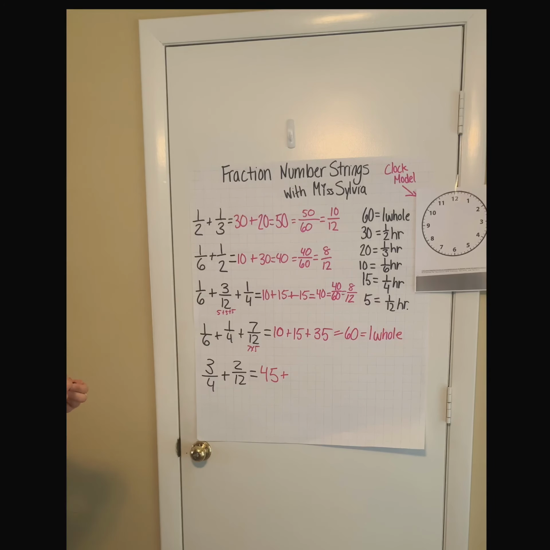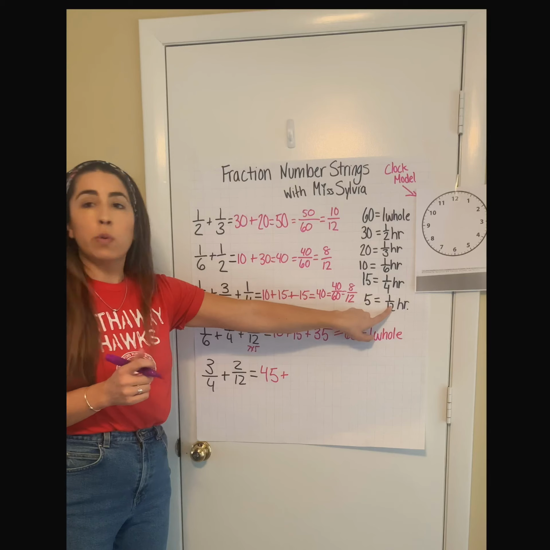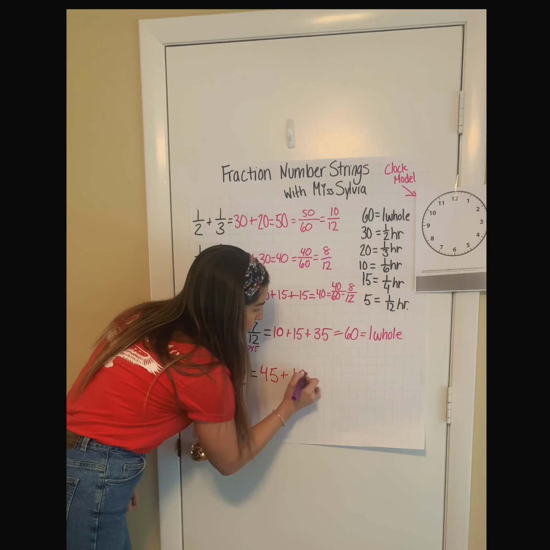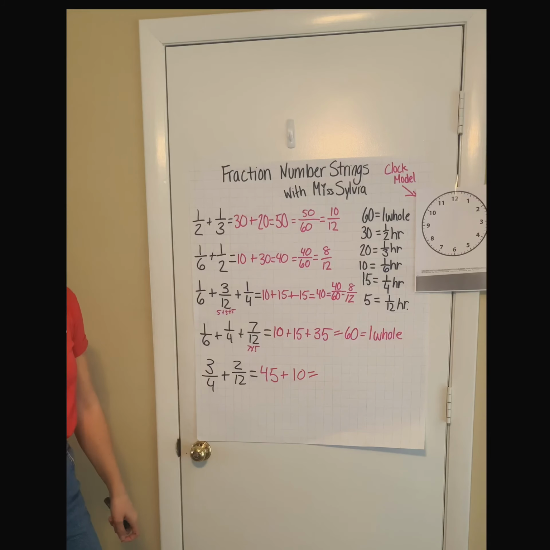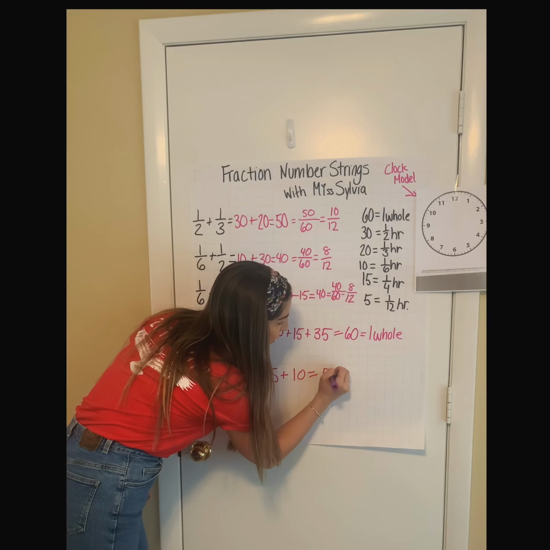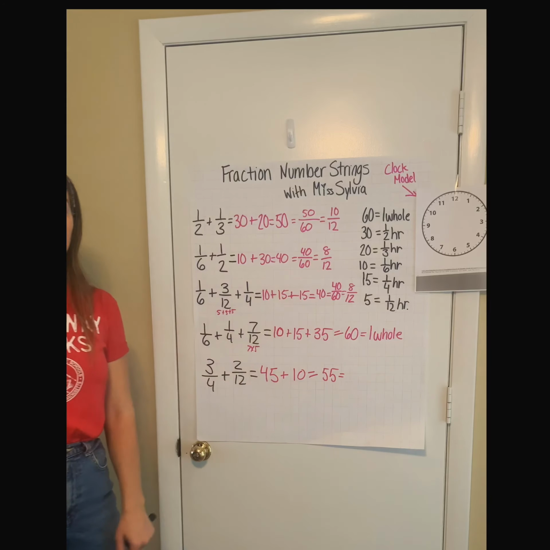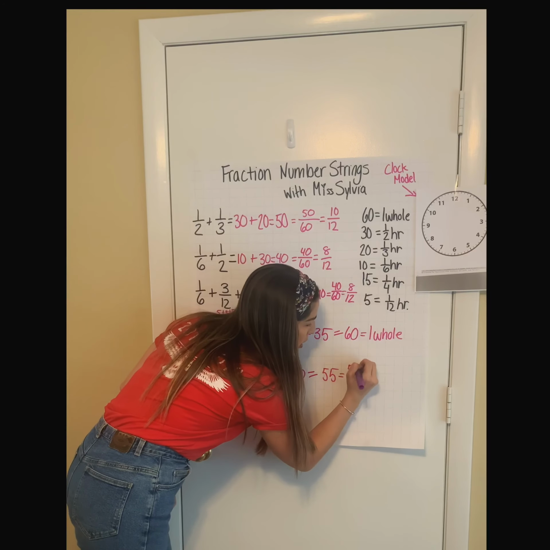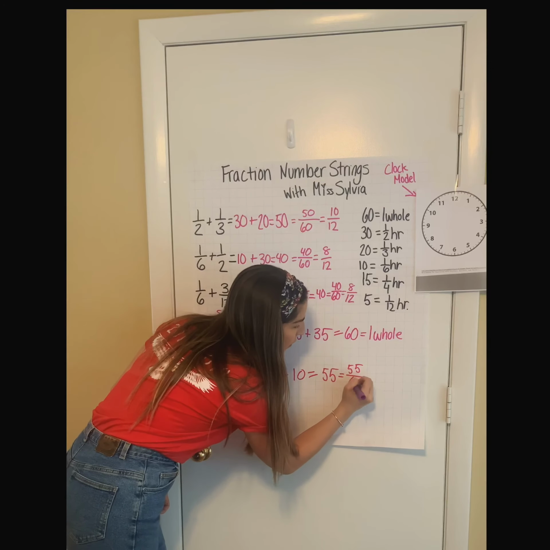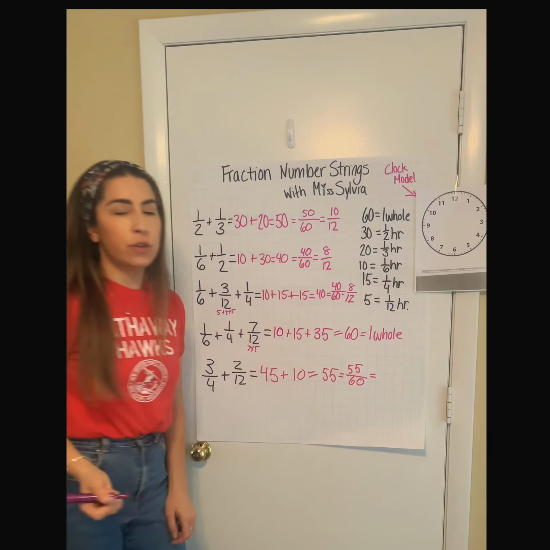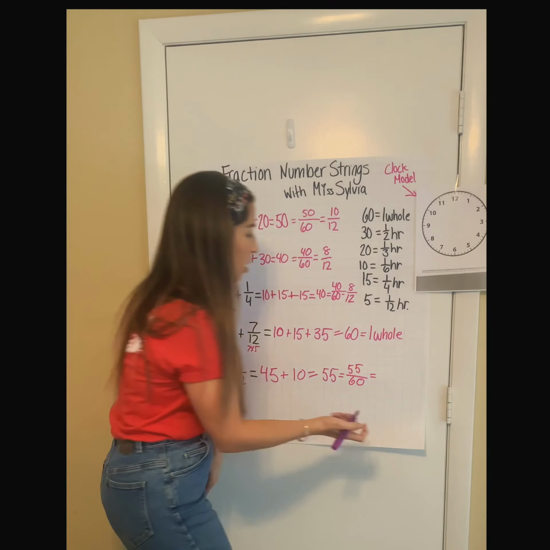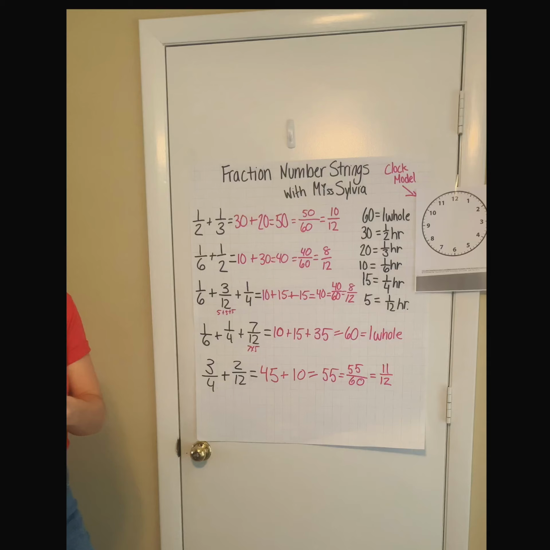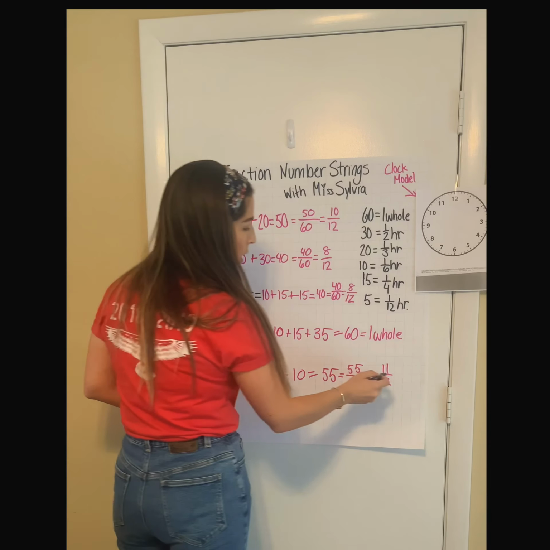We also know that the unit fraction 1/12 is equivalent to 5 minutes. So 2 groups of 5 will be 10. 45 plus 10 is 55. And to convert that back into its equivalent fraction, 55 out of 60. And to reduce that, it'll be 11/12.